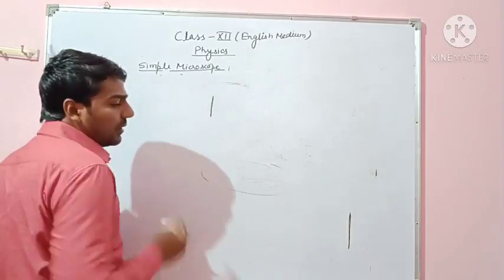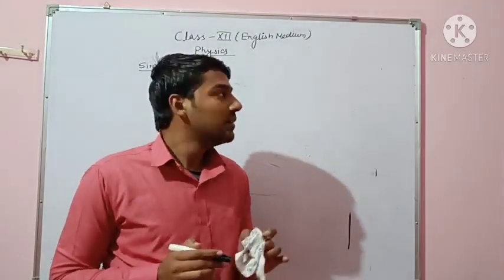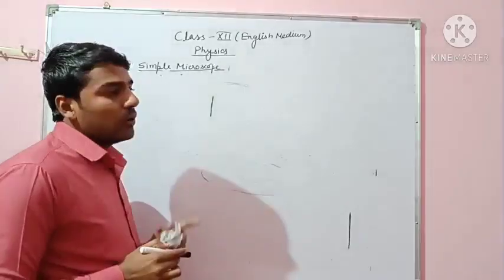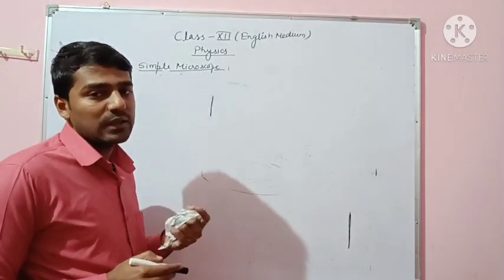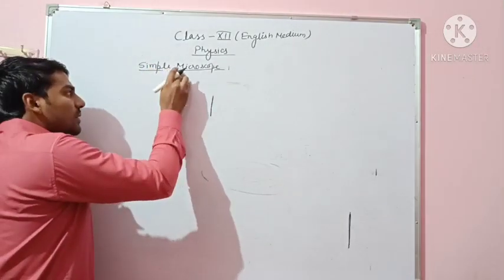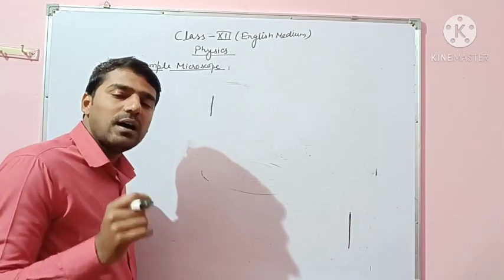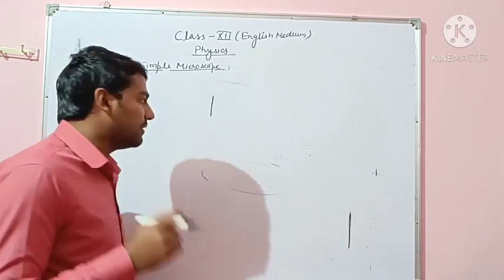Today we study about the magnifying power of the simple microscope, or the angular magnification of the simple microscope. At first we assume the object is put at the minimum distance of clear vision.